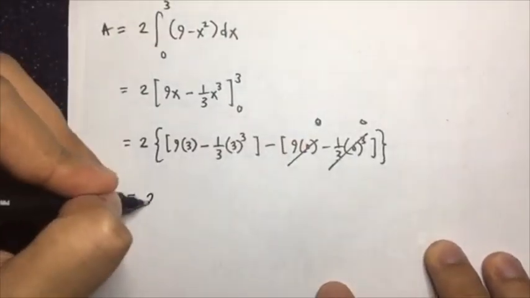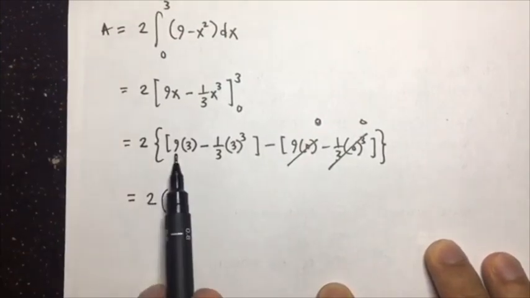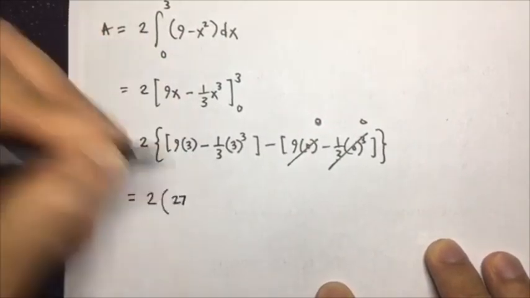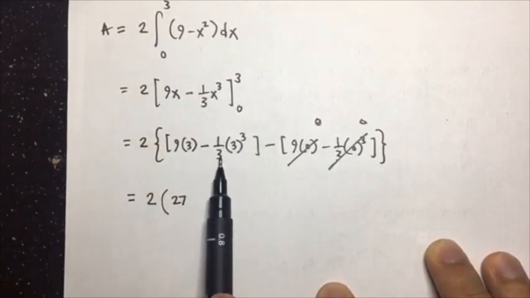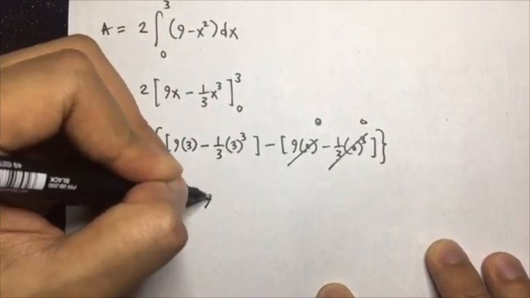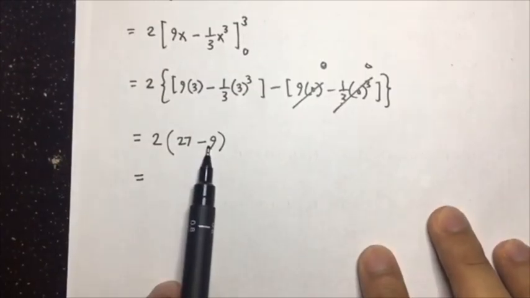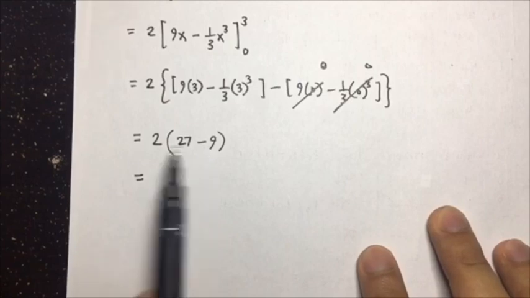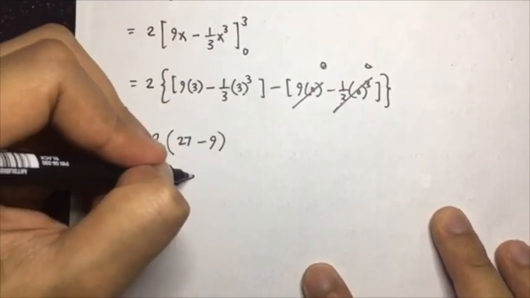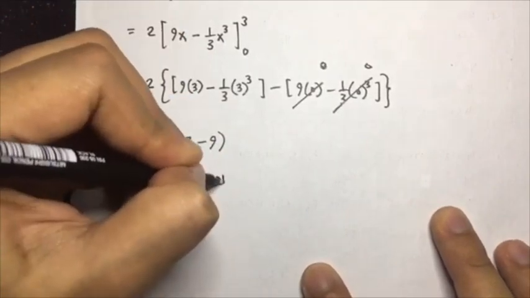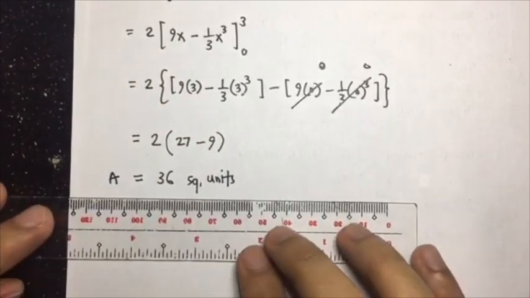What will remain is 2 times 9 times 3, which is 27, minus 3 cubed, which is 27 divided by 3, so that is minus 9. So 27 minus 9 is 18, times 2, so this will become 36. This is in square units, since this is an area.